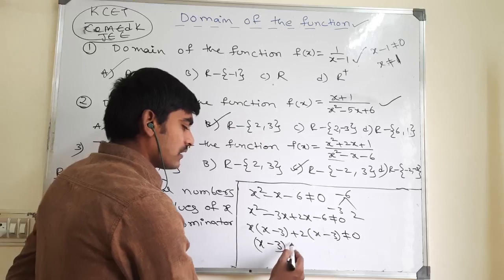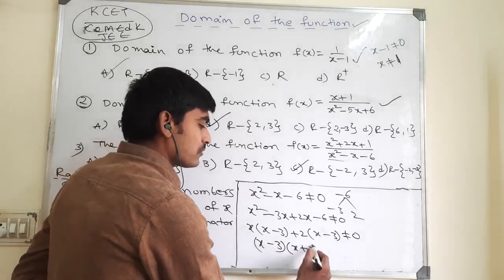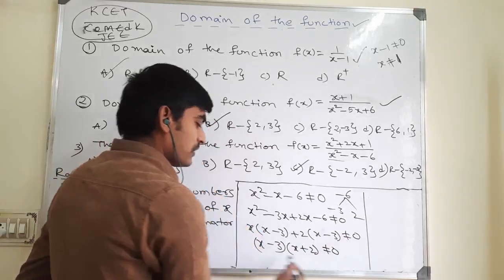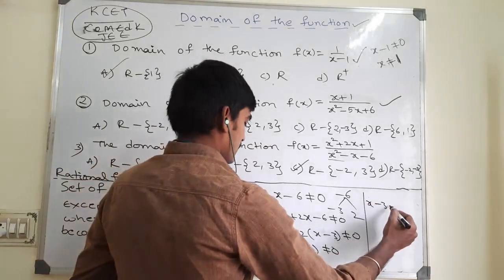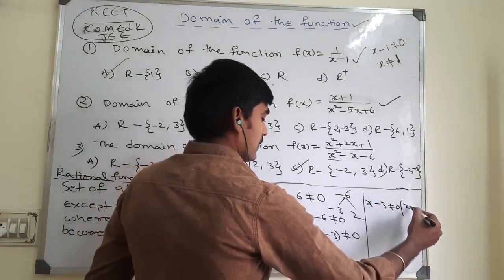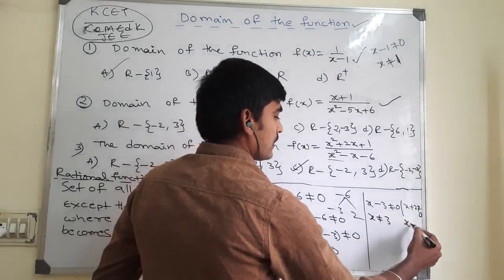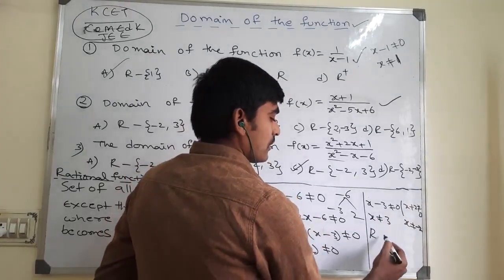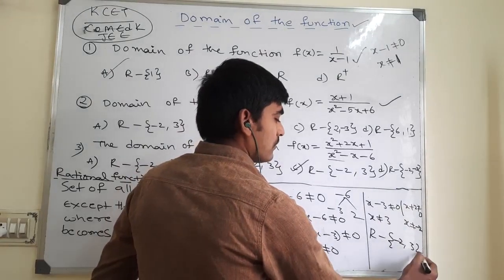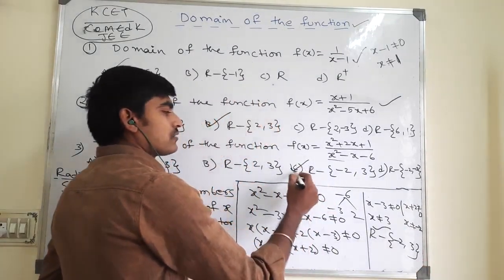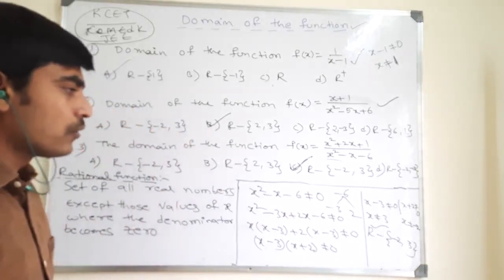So x minus 3 times x plus 2 is not equal to 0. That means x minus 3 is non-zero and x plus 2 is also non-zero. x is not equal to 3 and x is not equal to minus 2. Except minus 2 and 3, all real numbers are satisfied. So option 3. I hope you all understood.